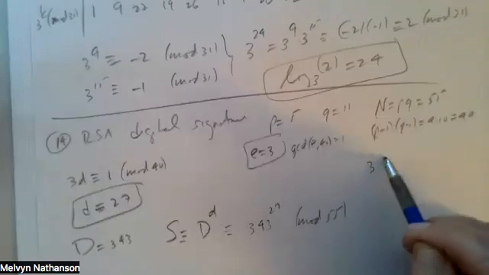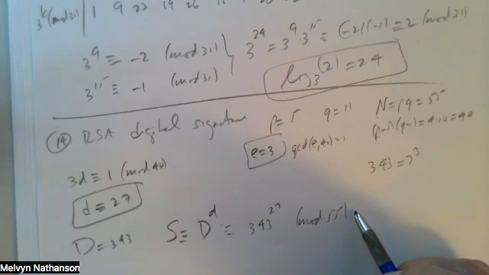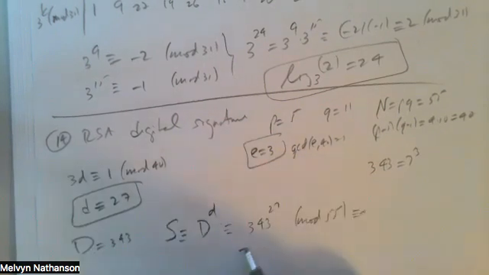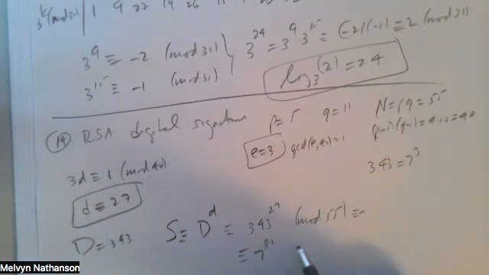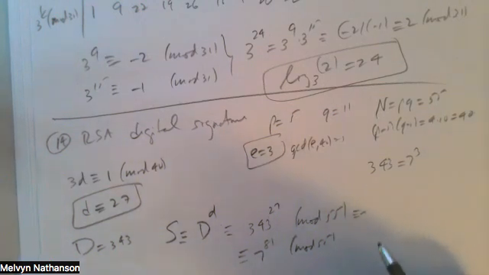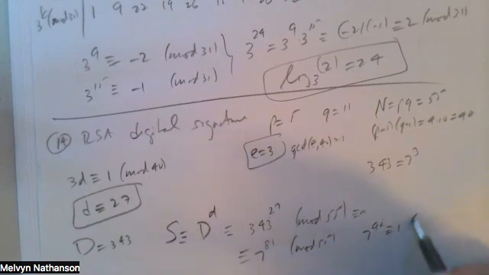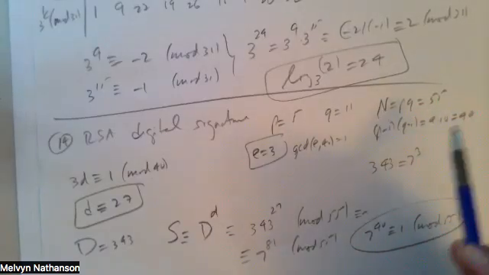Now, 343 is actually 7 cubed. So you can also say this is 7 cubed to the 27th, or 7 to the 81st power, mod 55. And 7 to the 40th is congruent to 1 mod 55, because P minus 1 times Q minus 1 is 40.